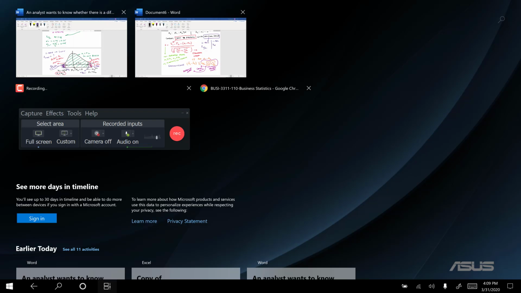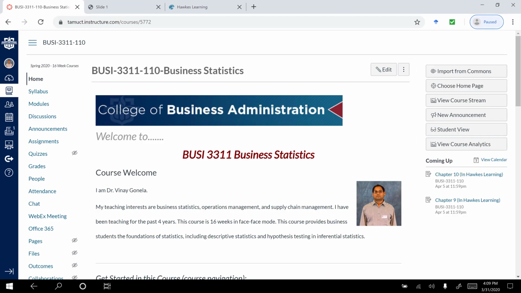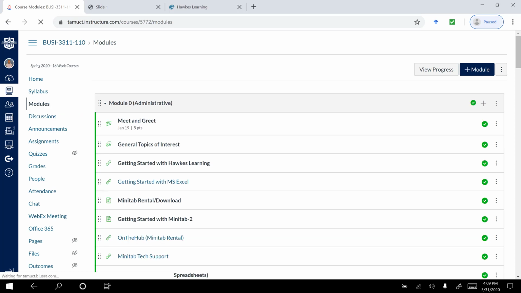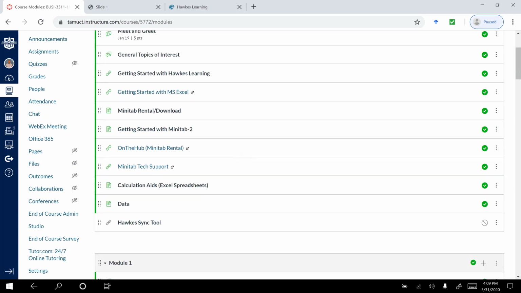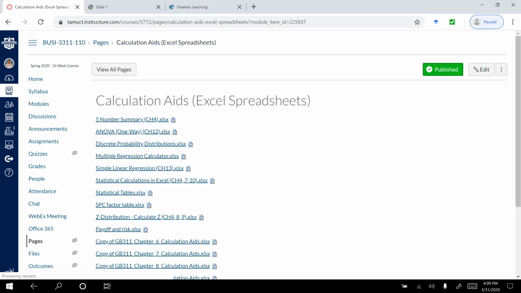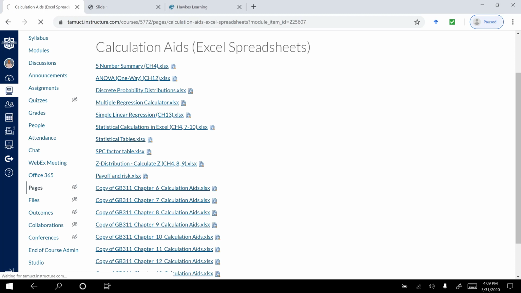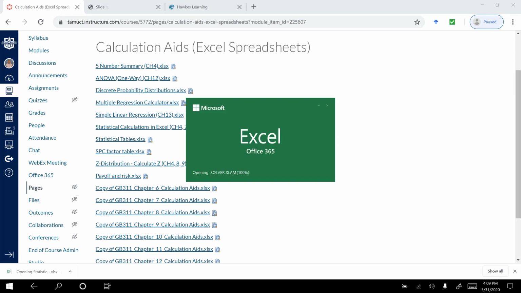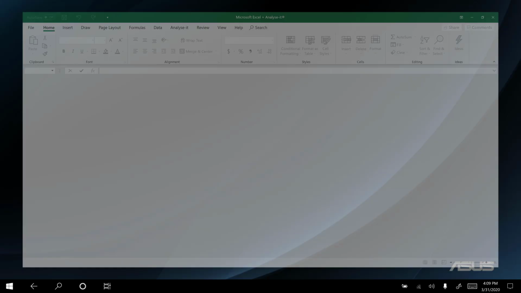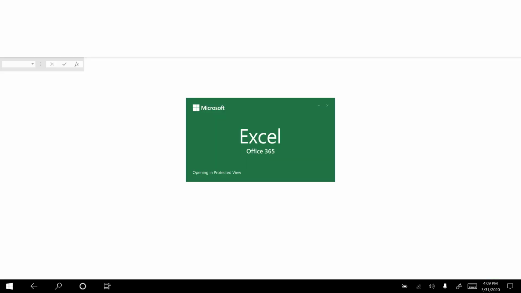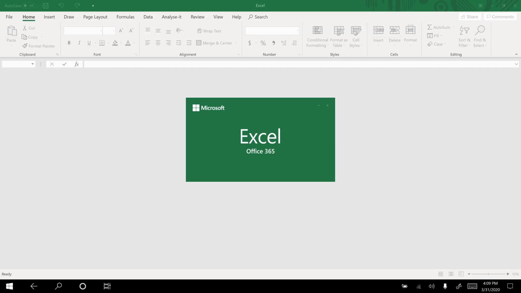So I go to our Canvas and go to modules, and go to our calculation aids in module 0, and then statistical tables. I will be looking for z 0.025.